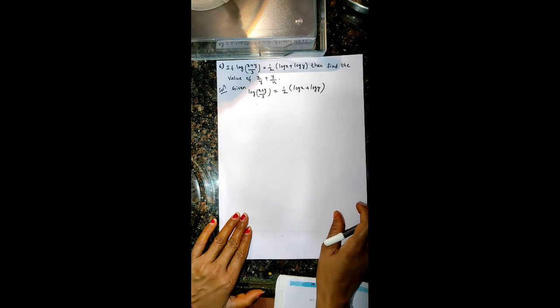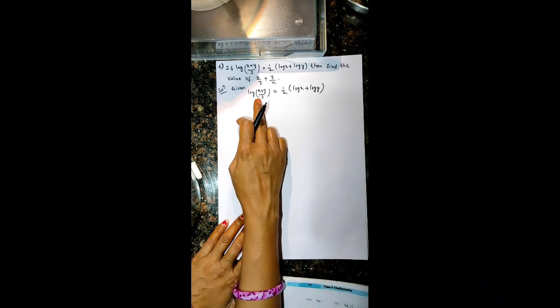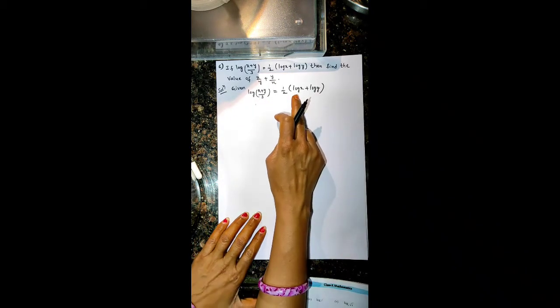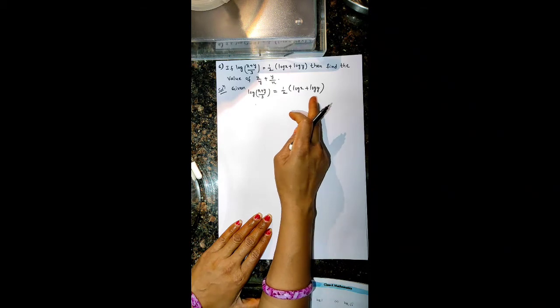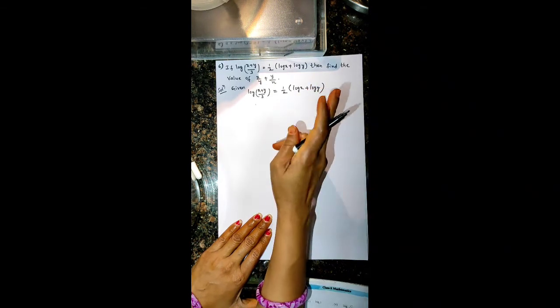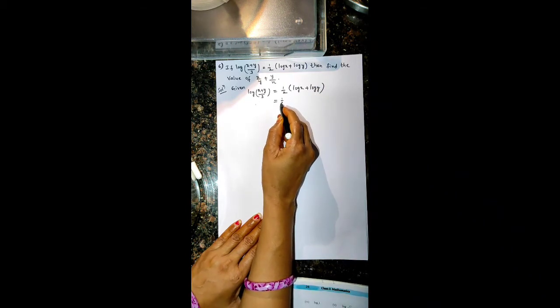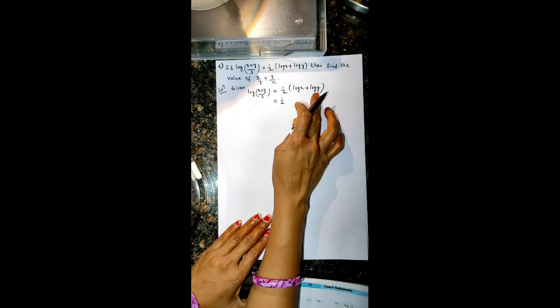Okay, is this clear to you? Here on the left we have only log of something, but on the right we have a sum of logs. So we have to make the right side term a single term. For that, see, 1 by 2 (log x plus log y).